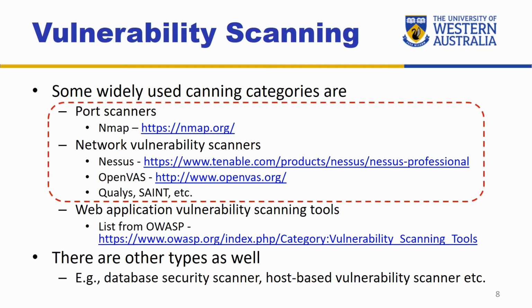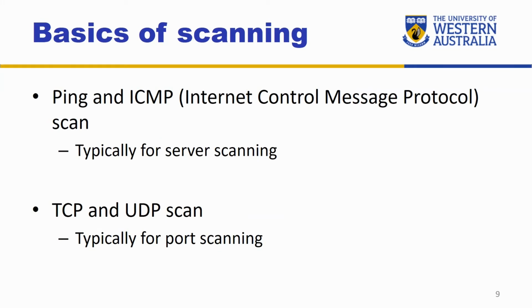For this particular one, we'll look at the first couple of the network-based vulnerability scanners. So let's start with the basics of scanning. The very first thing we could do is look at pings and ICMP. This is the very initial step of discovering that such a server or host exists in the network.